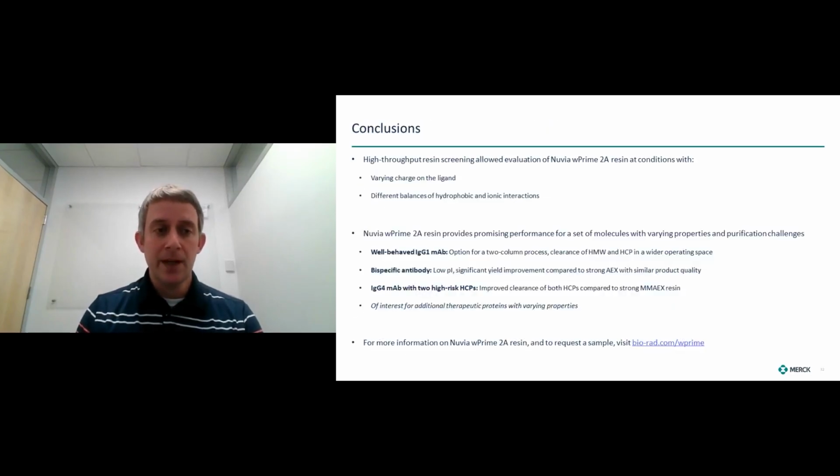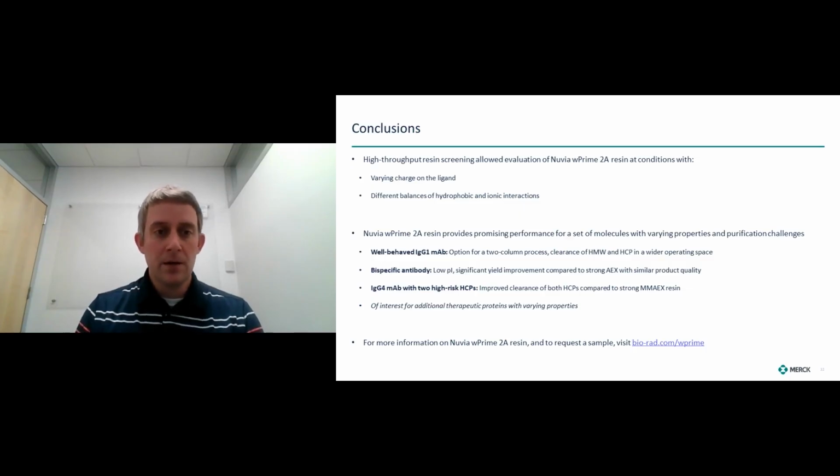So in conclusion, we found that high throughput screening for this resin allowed us to look in some different spaces for potential utility of the resin, and explore multiple applications rather than just focusing on one case, and found that there could be some benefit with the varied charge on the ligand compared to some other resin options.